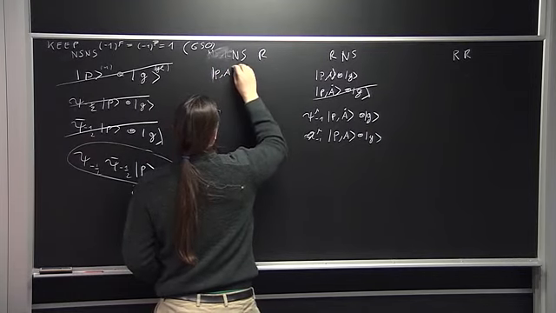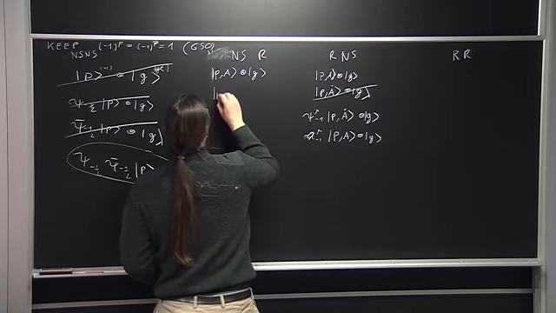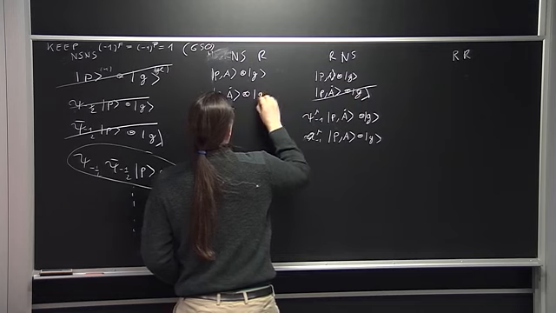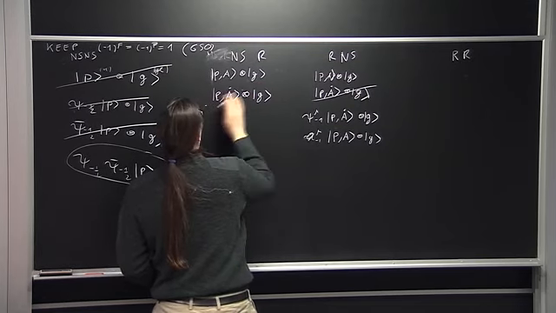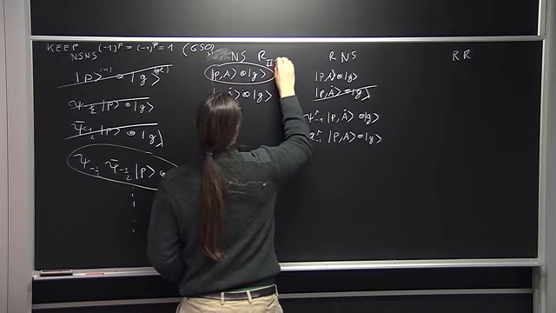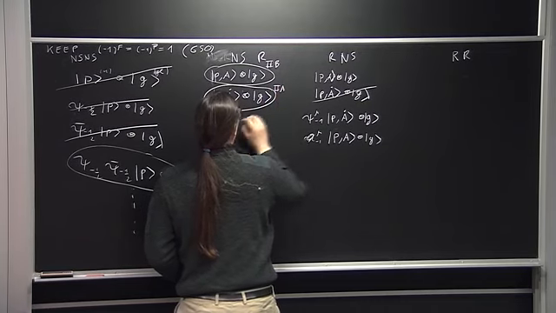If you want to do type 2B, you keep this and drop this, or vice versa. You keep this one if you want to do type 2B, and this one if you want to do type 2A.